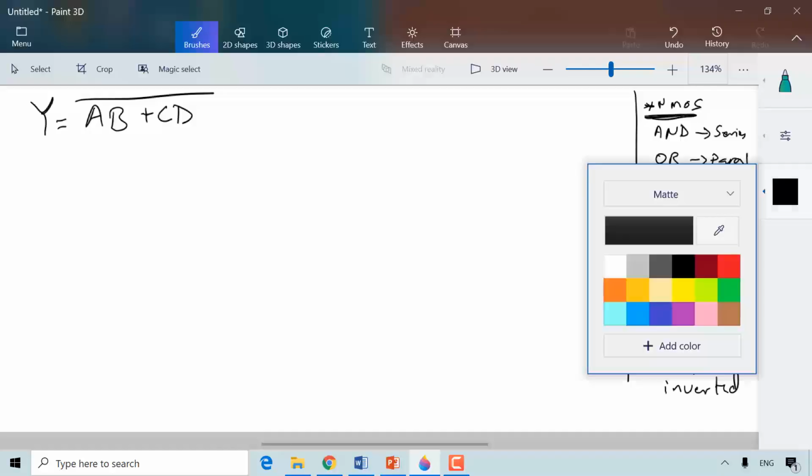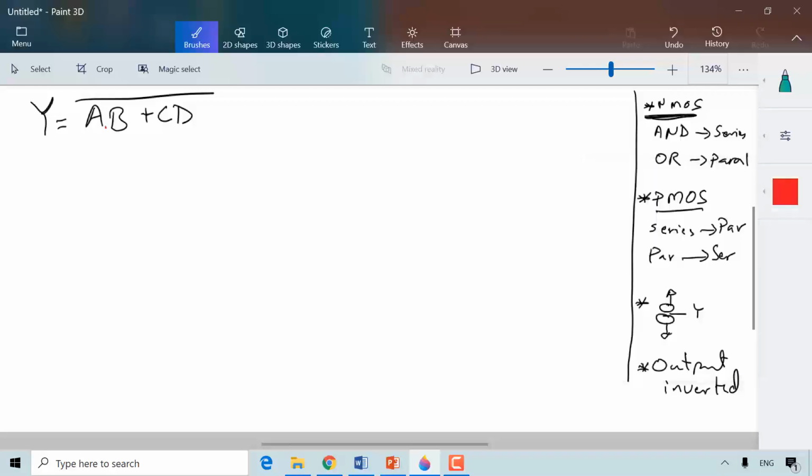Now taking these hints and tips, let's go back to our question, where we want to design this circuit, which is A B. Now notice that there is an AND here, A and B, or C and D. So here we have ANDing, and here we have ANDing, and between the two I have an ORing.